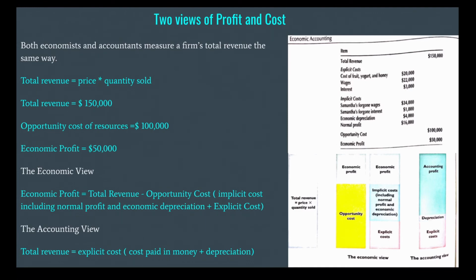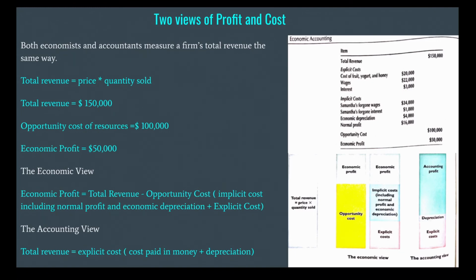You can see in the table above, which shows the economic and accounting views, the total revenue is $150,000, and the explicit cost of a juice shop is shown here, and the implicit cost. This shop is owned by Samantha, and it shows all the expenses she has foregone, and it also includes economic depreciation and normal profit as implicit cost.